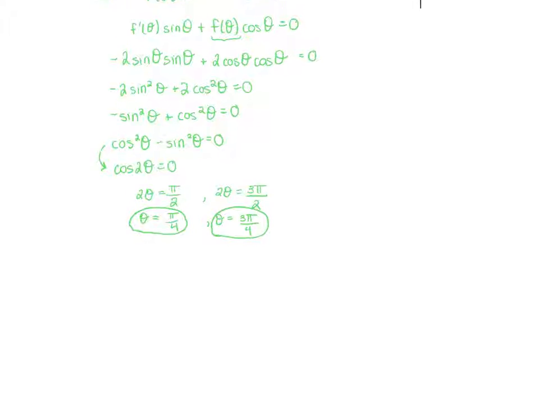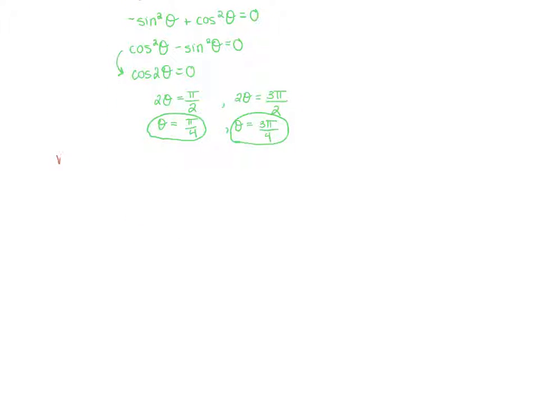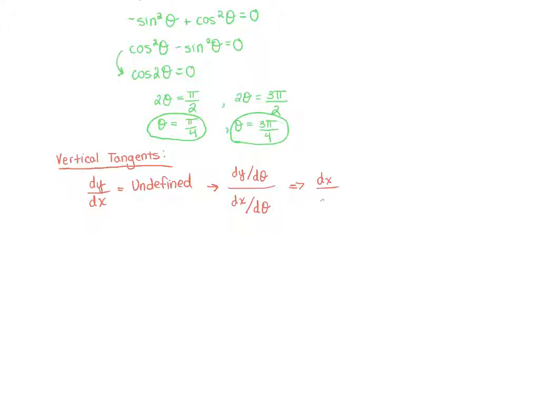So, for vertical tangent lines, we're pretty sure that would mean my slope would have to be undefined, which means that for dy d theta over dx d theta, that dx d theta would have to equal 0.